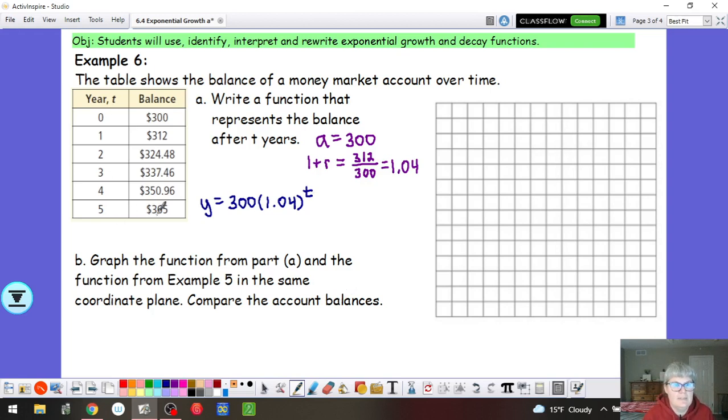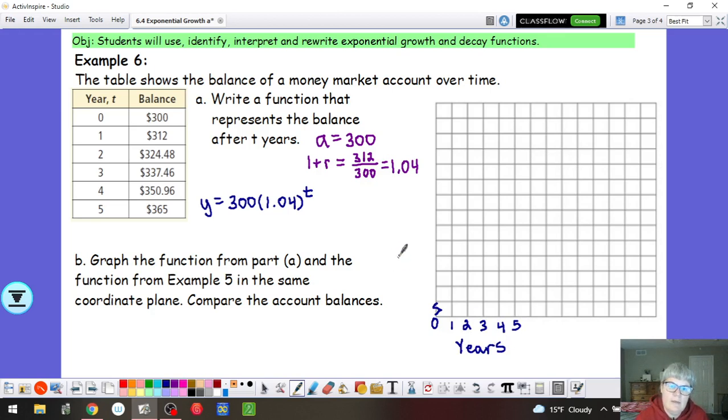And I can take this table and I can graph my information. So if we have a balance of 300, I'm going to put a break in my vertical, and I'm going to go by ones across my x-axis. So this is the years.